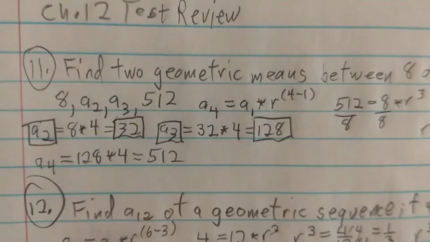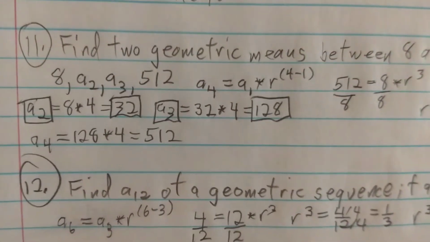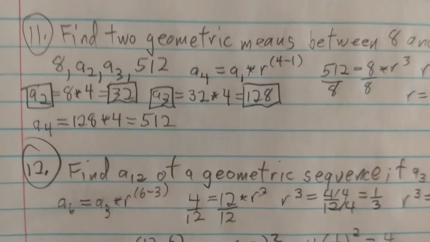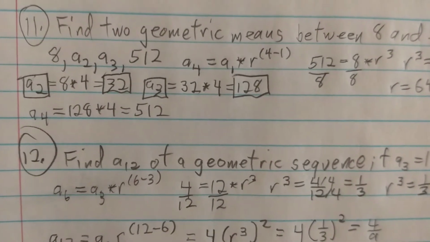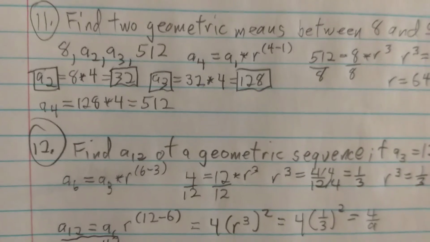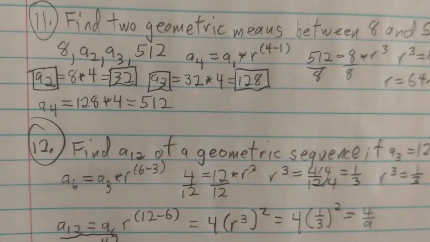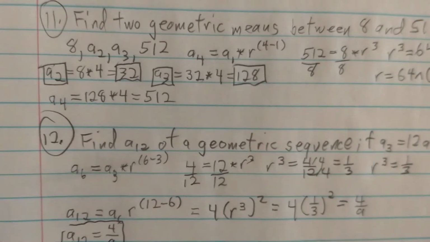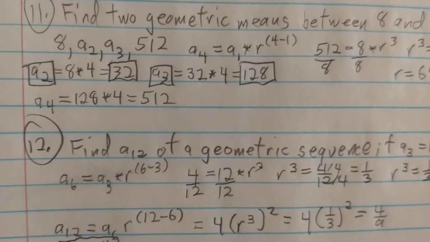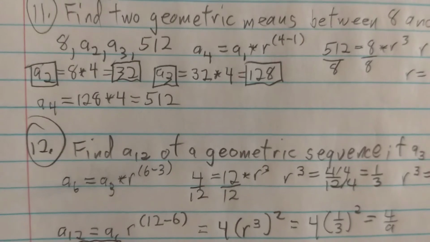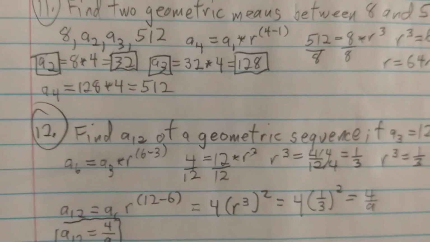Now on problem 11, we're asked to find the two geometric means between 8 and 512, which is the same as asking us to find A2 and A3 in the sequence 8, A2, A3, 512. Now this is a geometric sequence, so we can use the formula A4 equals A1 times r to the 4 minus 1.